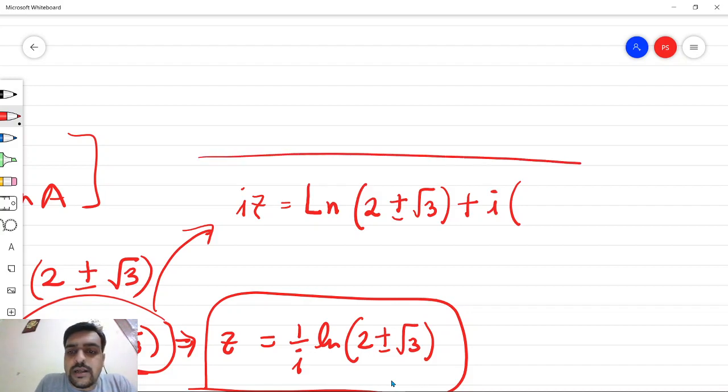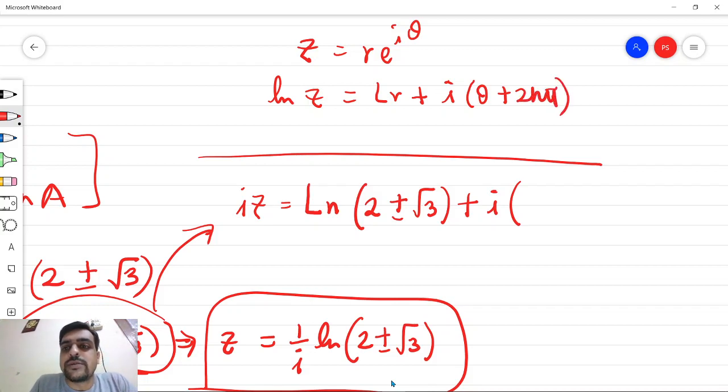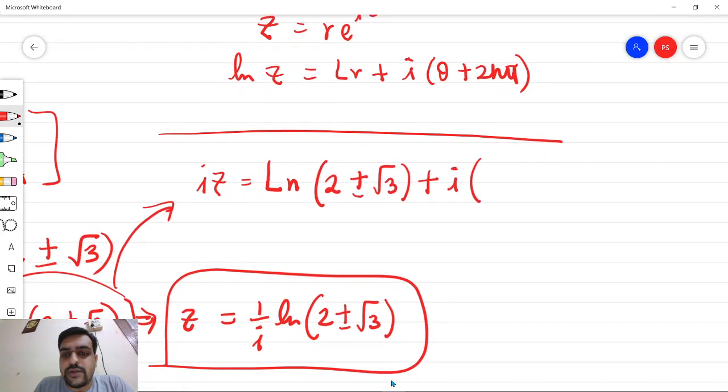If we recall, if z is r e raised to i theta, log of z is log of r plus i times theta, along with all the values of theta except the principal value. So that is what we are writing here. iz is Ln of 2 plus or minus root 3 plus i into 2n pi.